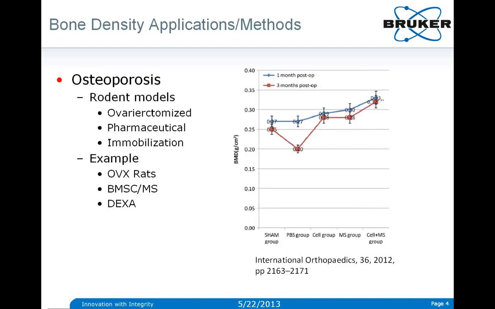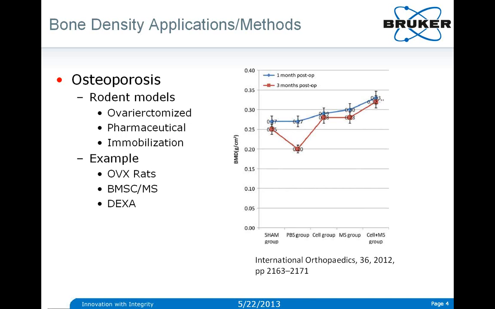So probably the most common research where bone density measurements are made is in osteoporosis. Probably the most common rodent model that's utilized is the ovariectomized rat, which serves as a model for postmenopausal osteoporosis.